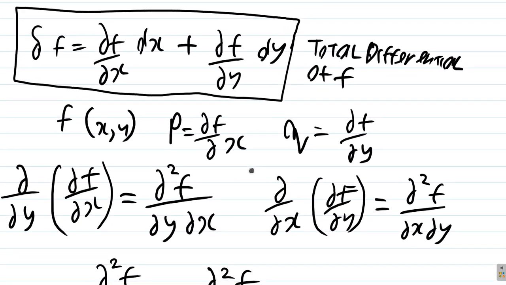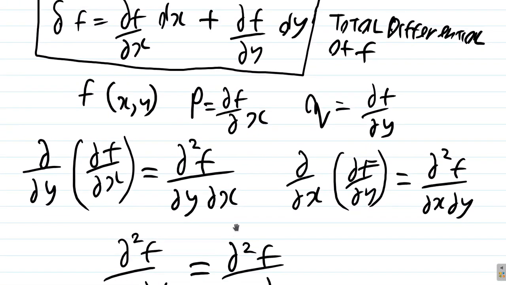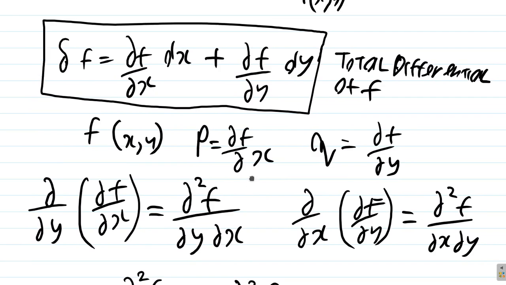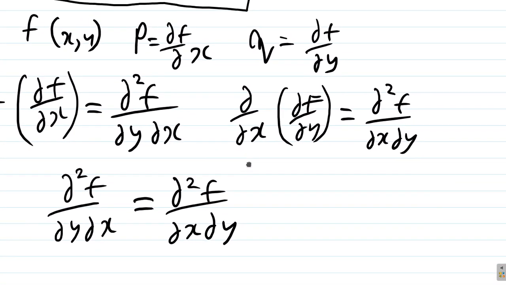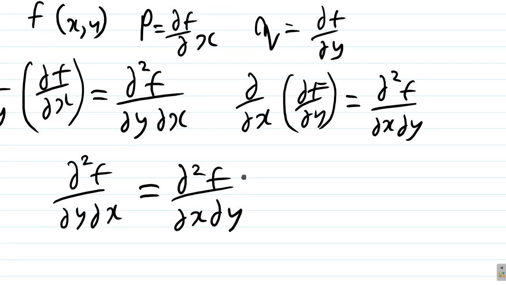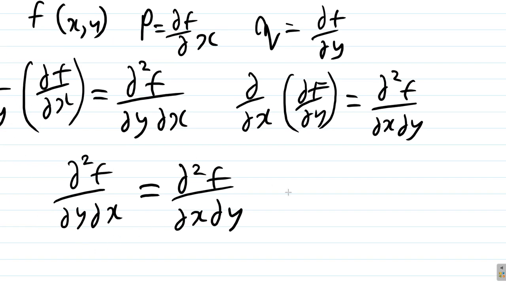So here, if you consider P to be partial f by partial x, then the partial of P with respect to y would be equal to the partial of Q with respect to x, where you consider Q as partial f by partial y.